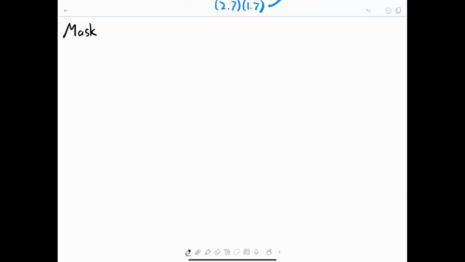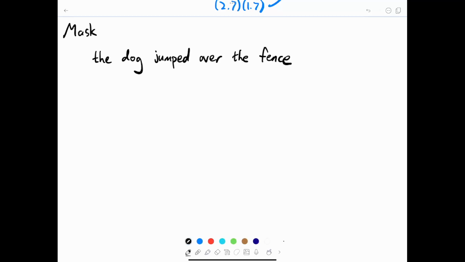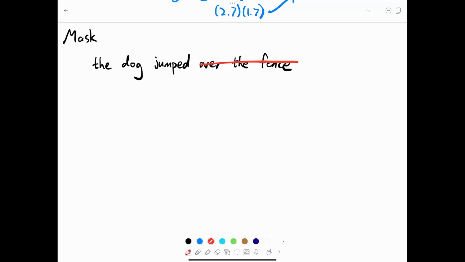So for example, if I have the sentence, the dog jumped over the fence, we don't want the transformer to be able to see the words over the fence when it's predicting the word over.